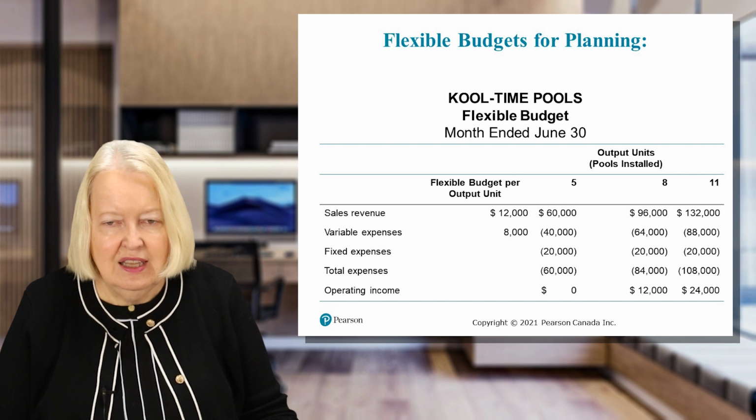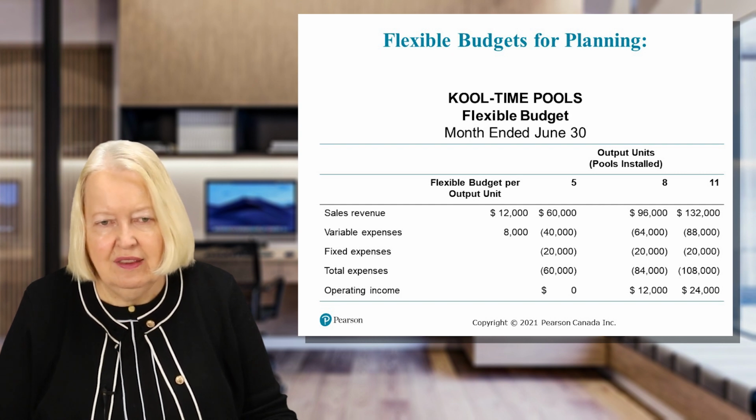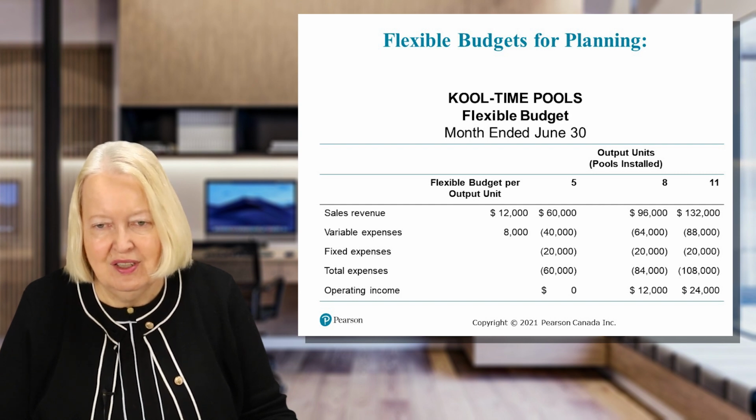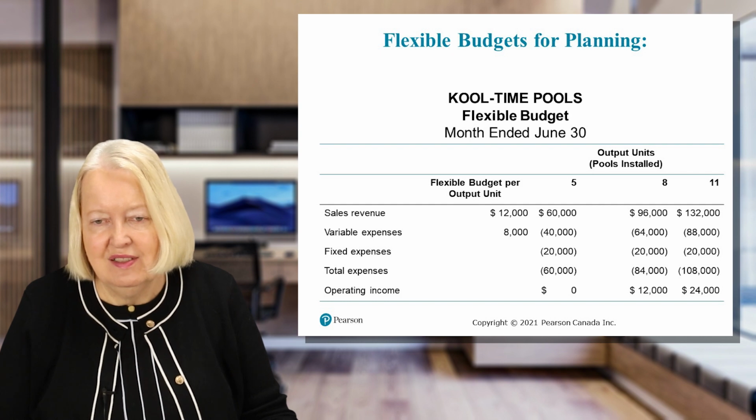And that's often due to the fact that your fixed expenses, for the most part, remain fixed. So even if they only sell 5 pools, their fixed expenses are still $20,000. Or if they sold 11 pools, the fixed expenses are still $20,000.